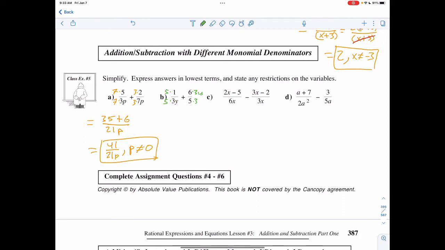So I got to multiply it by a y as well on the top and the bottom so that they match. This means that what I'm actually going to have is 5 times 1 plus 3y times 6, all over 15, and they both need a y.